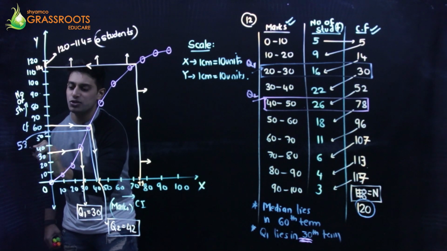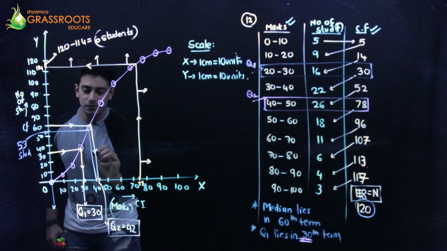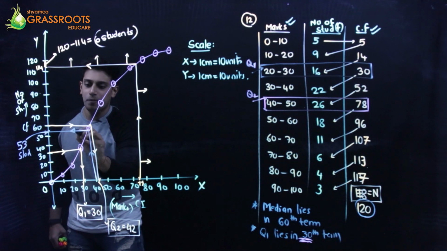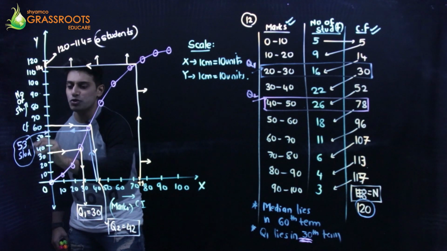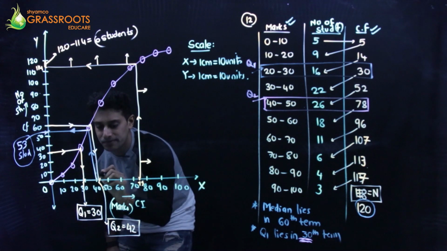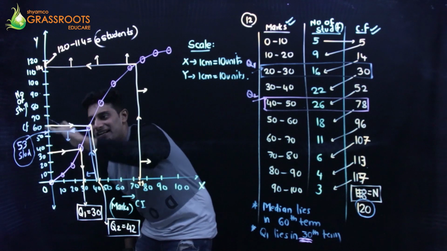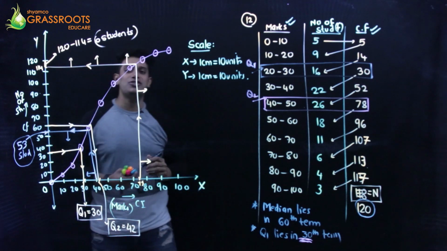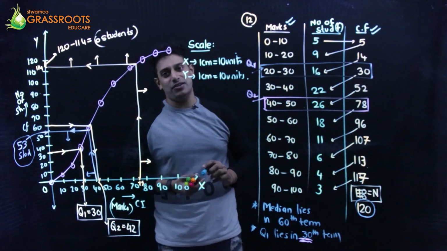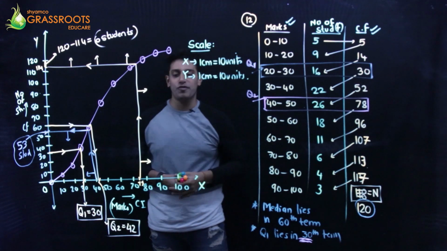Let's say 53 students. Approximately 53 to 54 students have failed. Below 40 means within this limit, inwards. So 53 students are failures if the passing percentage was 40.